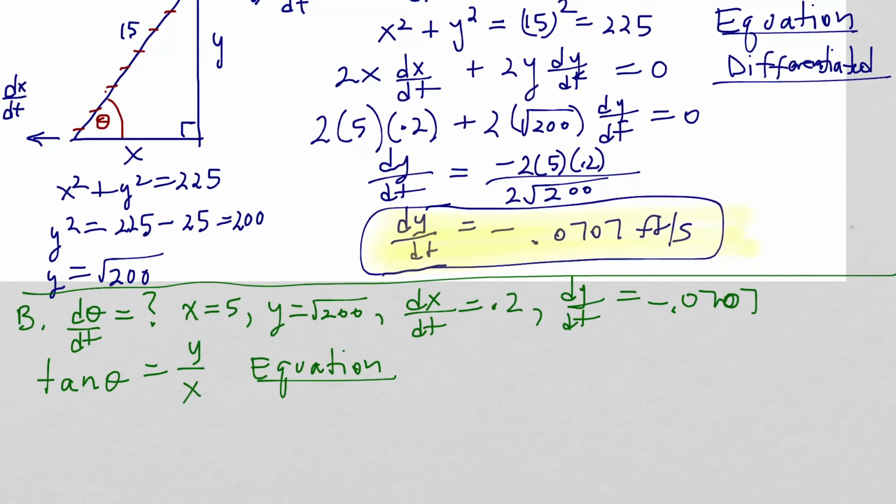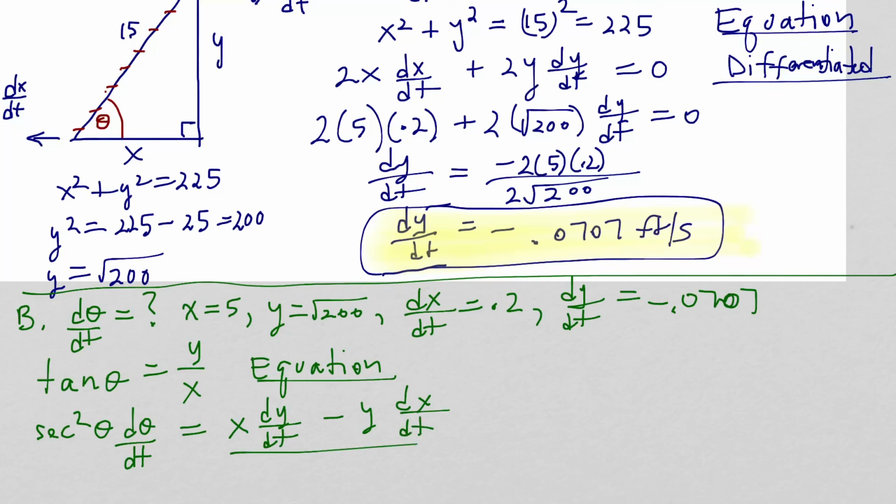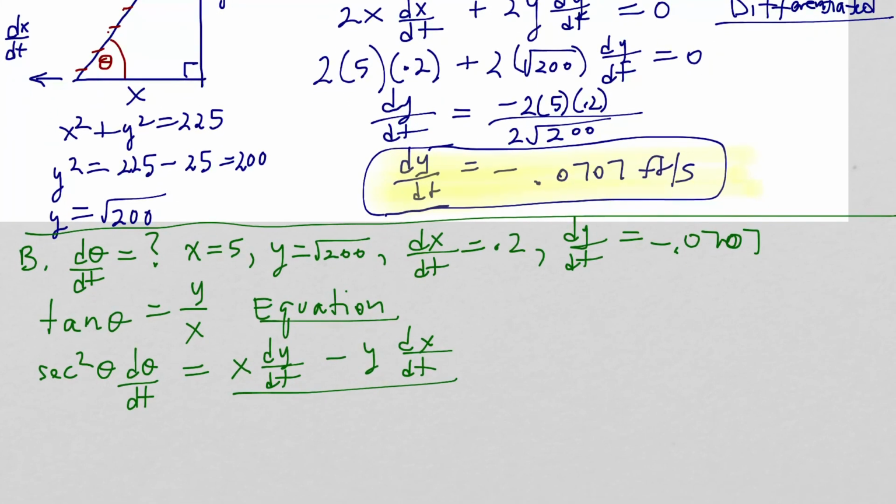We'll get the secant squared of theta d theta dt is equal to the bottom times the derivative of the top minus the top times the derivative of the bottom divided by the bottom squared.